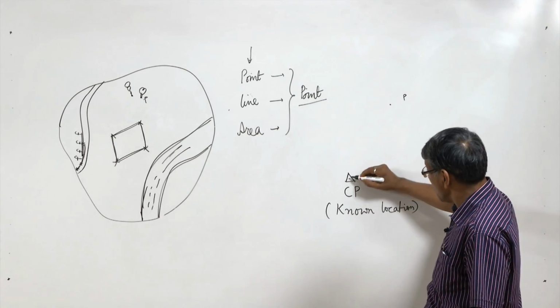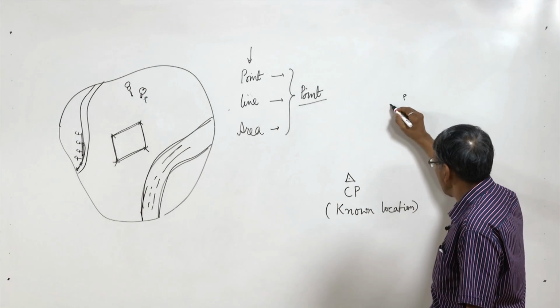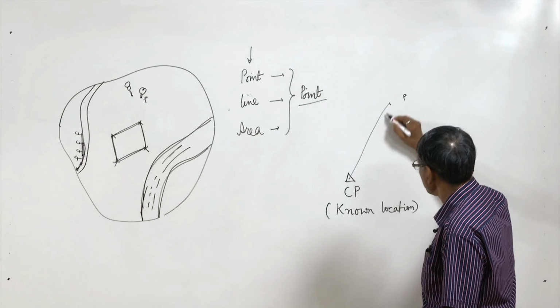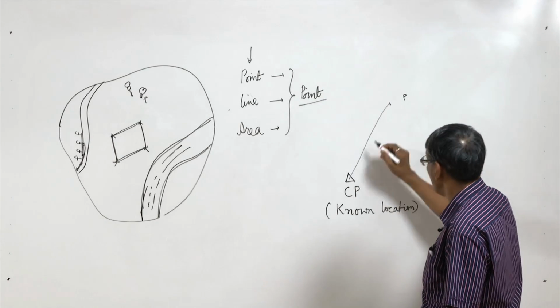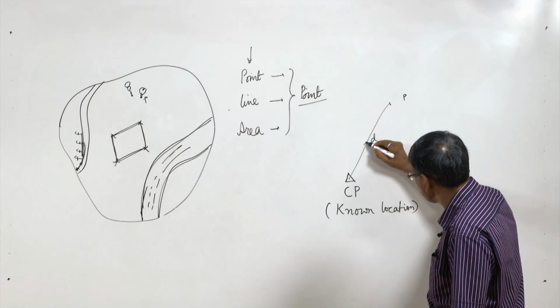Now, with respect to the known location of the control point, we will get the location of the point P if we know the distance between the point and the known point, suppose D, and also the direction of this line.